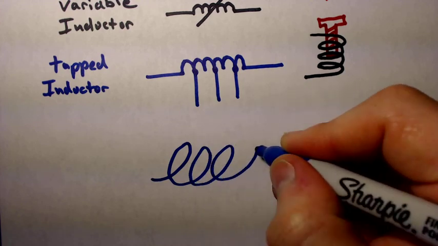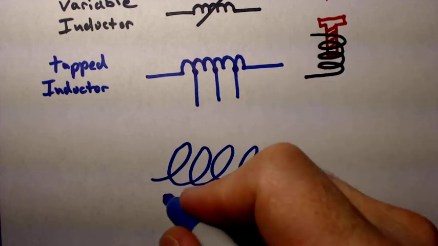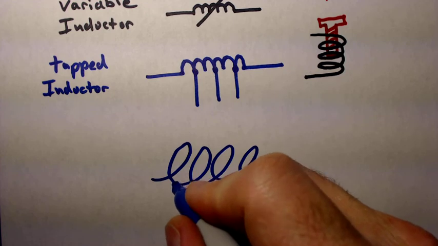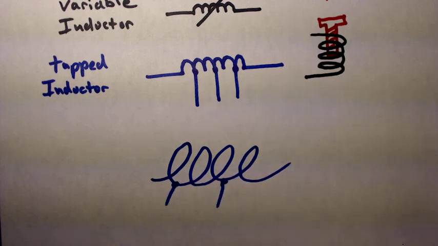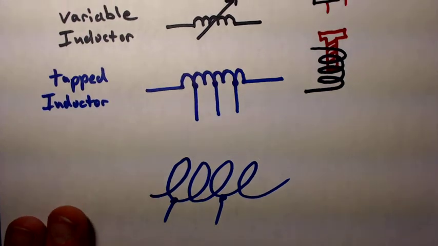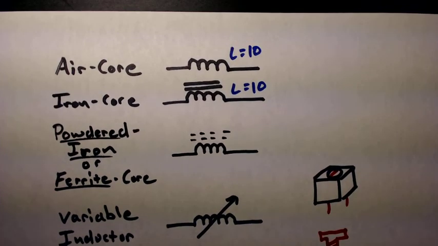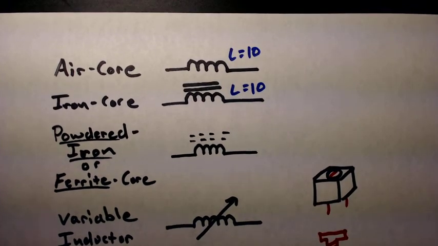If you think about your loops of wire, your taps would get connected here, and so forth. Okay, so those are our different types of inductors. Again, from a practical point of view, a Henry is a Henry.